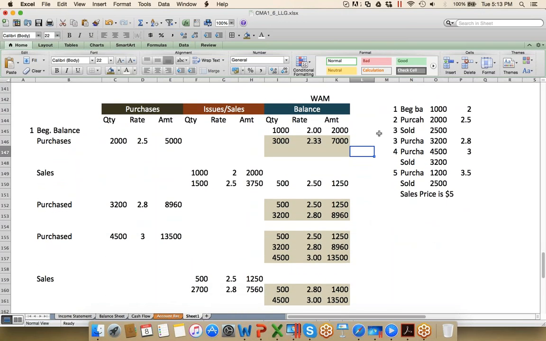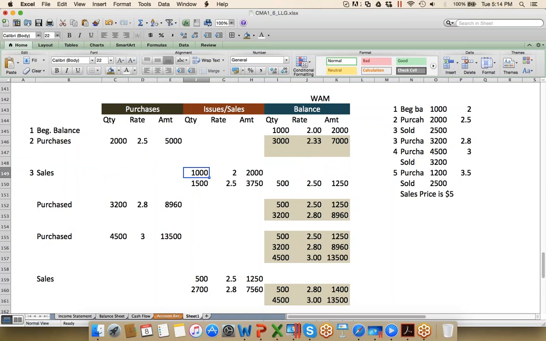So what rule is to be applied? Add quantity to quantity, value to value, and find the latest price by dividing the total value by total quantity. Second we purchased, it's done here.